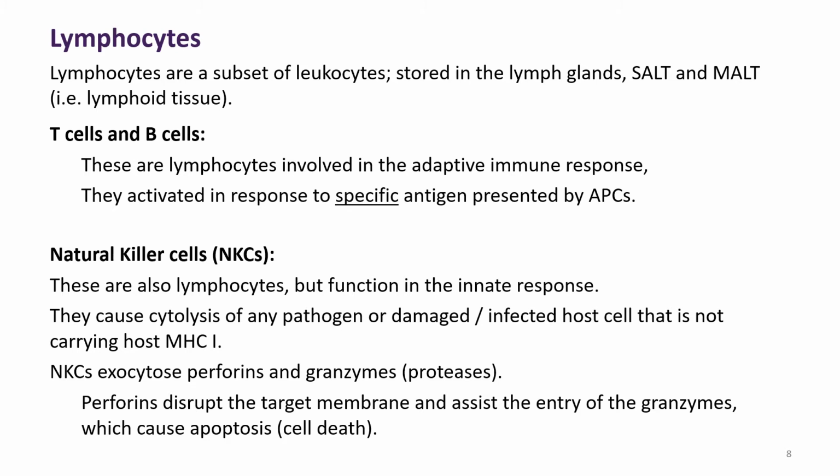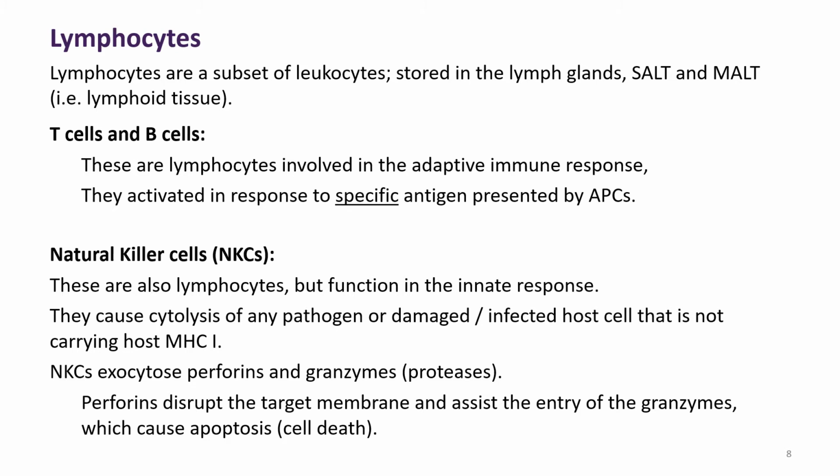These granzymes are basically a type of protease. The perforins were so called because it used to be believed that they made holes in the membrane, but it's now thought that they do disrupt the membrane, but what they're doing is assisting the entry of the granzymes.